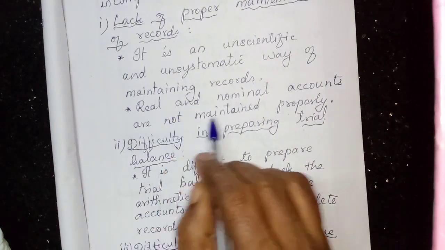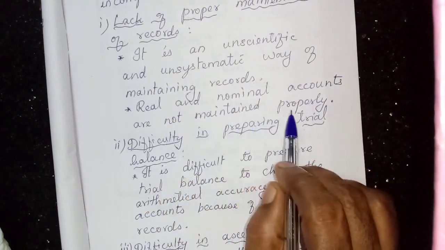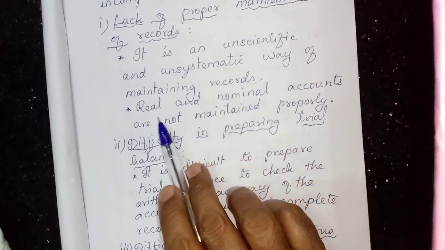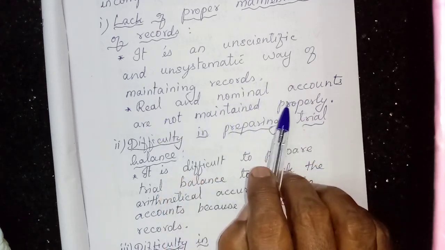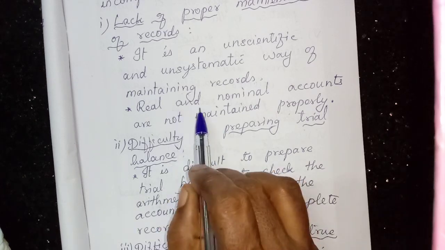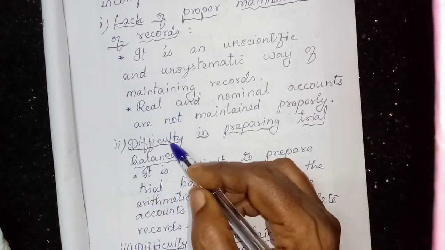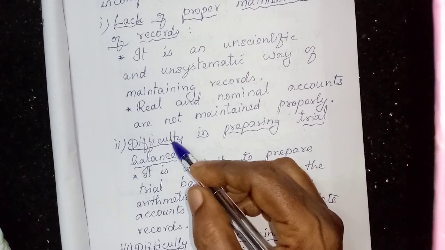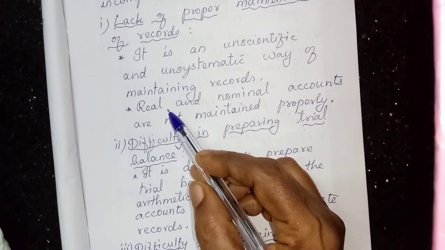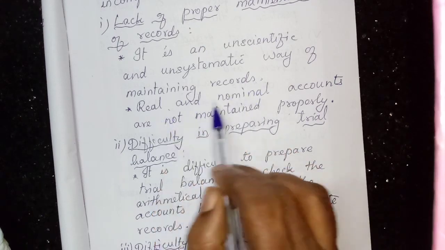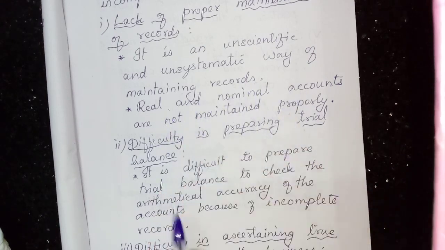Real and nominal accounts are not maintained properly, so this is the main limitation. You can enlarge the point by adding some more points: only personal account and cash accounts are maintained, but real and nominal accounts are not maintained properly.